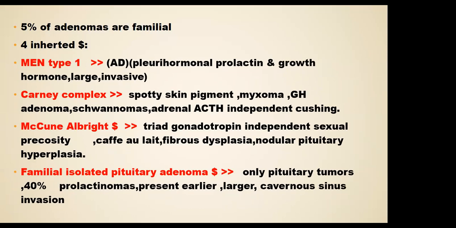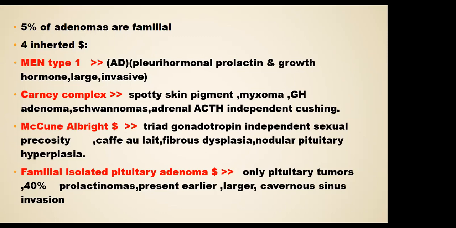The Carney complex presents with spotty skin pigmentation, myxoma, growth hormone adenoma, schwannoma, and adrenal ACTH-independent Cushing syndrome. McCune-Albright is a triad of gonadotropin-independent sexual precocity, cafe au lait spots, fibrous dysplasia, and nodular pituitary hyperplasia.